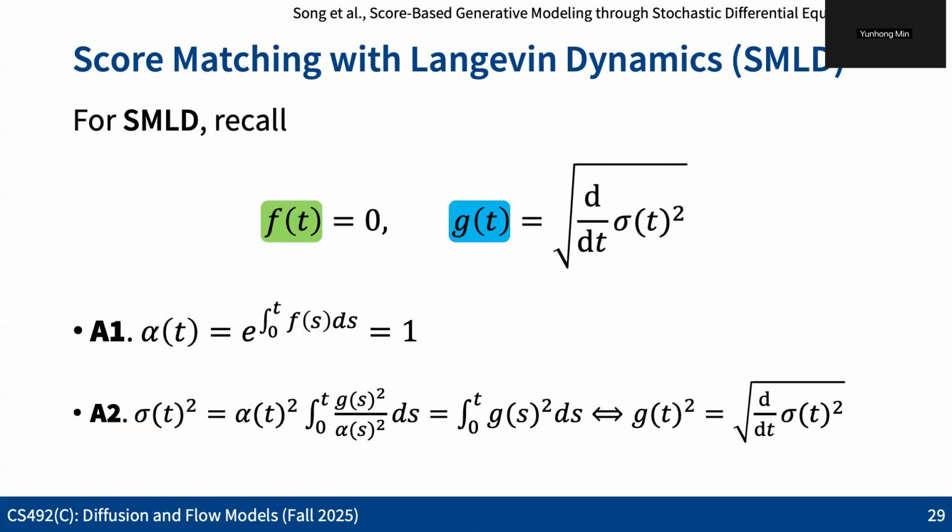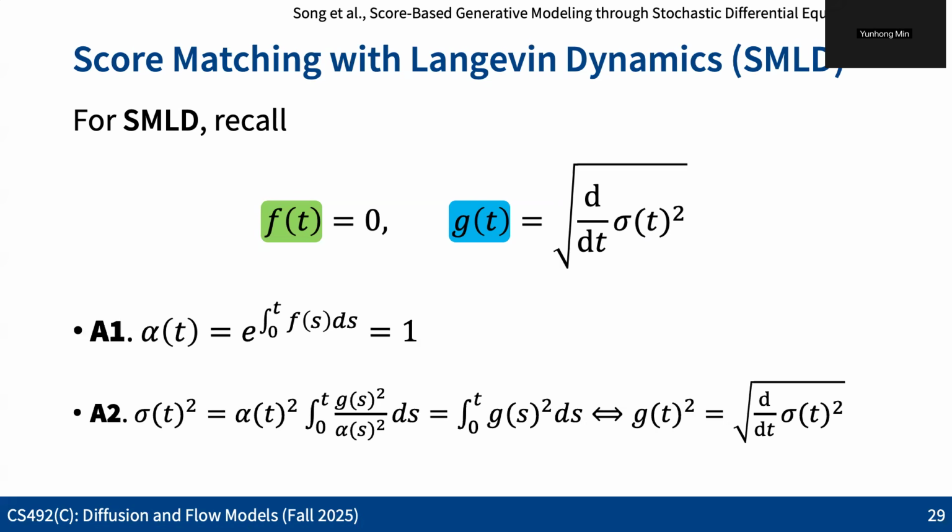Obviously the alpha t here should be one in this case, and from the derivation we can see that the sigma function that we define in the SMLD is aligned with the sigma function that we are talking about in the variational diffusion models. So that's the amount of noise that we are injecting over time, which is straightforward in the SMLD case.